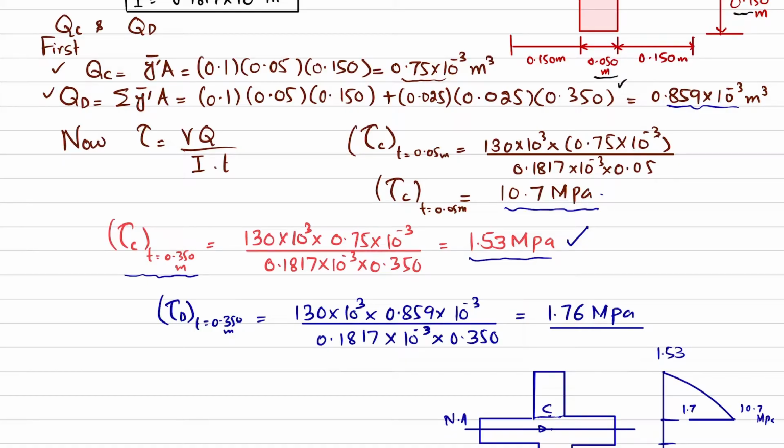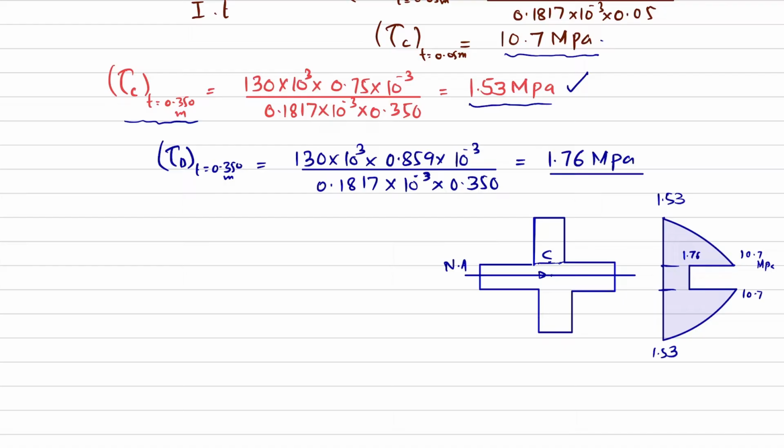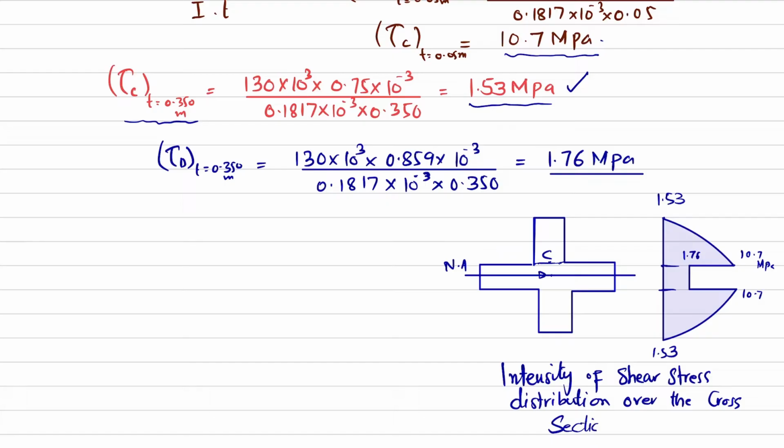So at this point it is 1.76, and it will remain the same. And below, since this is symmetrical, this point will also be 10.7 megapascal, and it will change to 1.53. So this is the intensity of shear stress distribution over the cross section. So this is our first part.